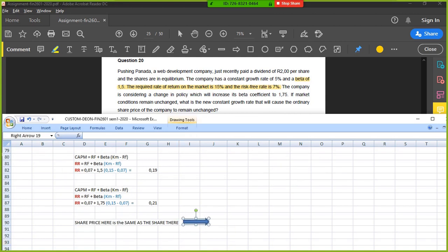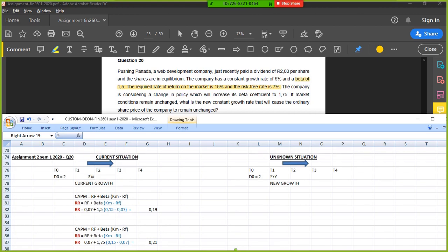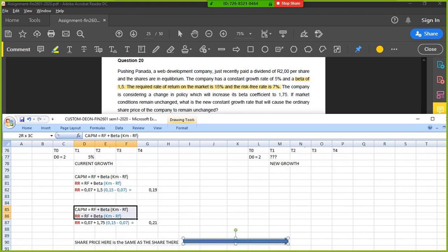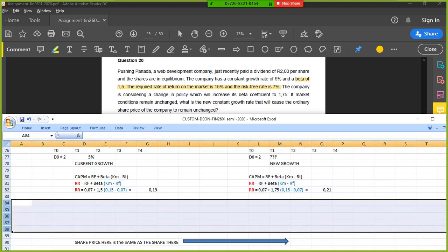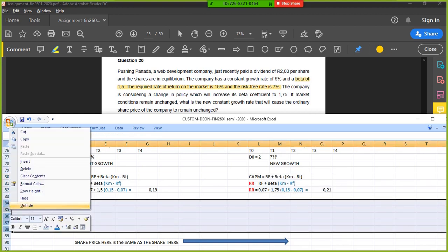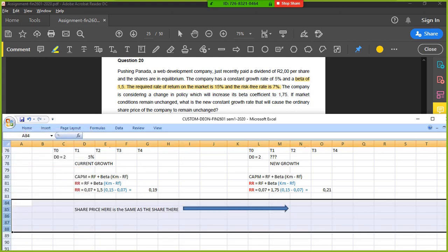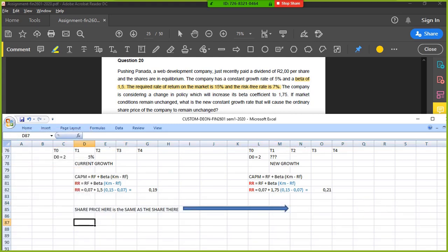Okay, so do I have the share price here? No, I don't. Can I get the share price? Yes. How? That will be with your Gordon growth. 100%. Present value equals div1 over r minus g.